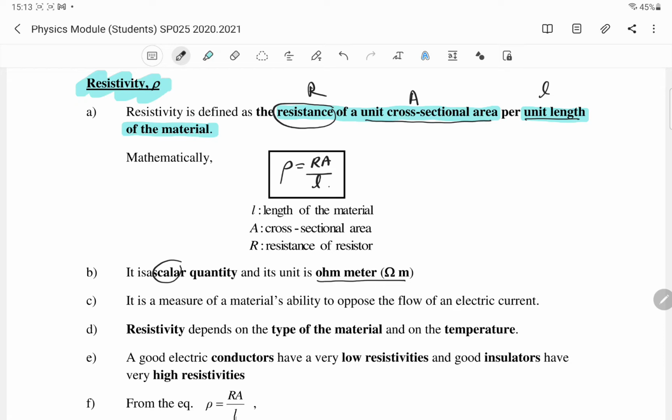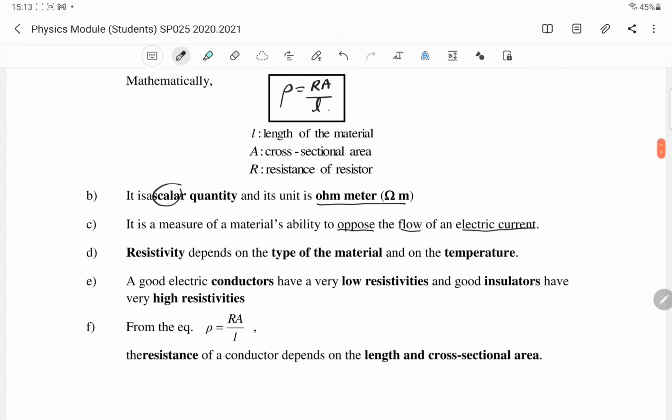It measures a material's ability to oppose the flow of an electric current. And then remember that the resistivity depends on the type of material and the temperature.